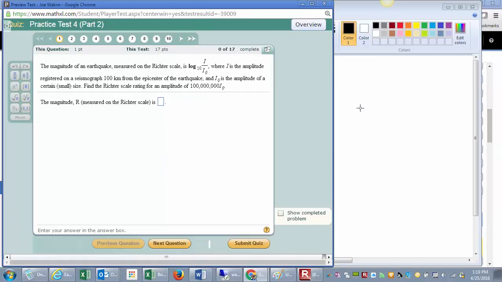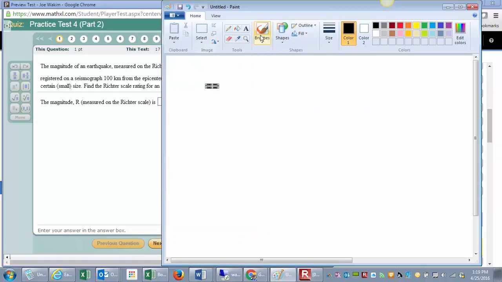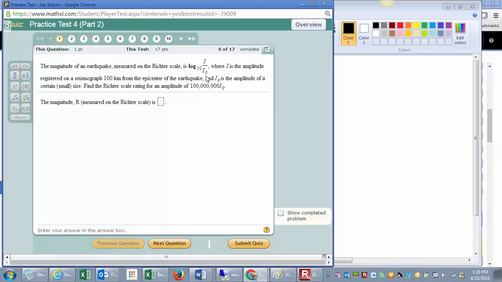So we have the log of I over I0, and this is base 10.